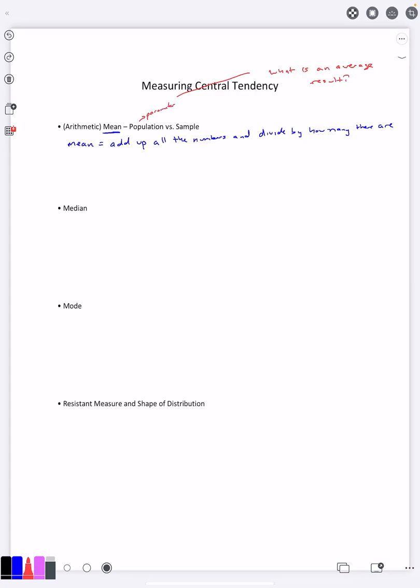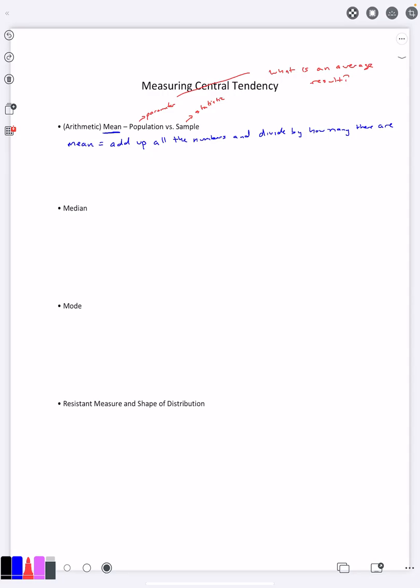On the other hand, when you do a numerical calculation for a sample, you are going to get what's called a statistic. And so technically there are going to be two formulas here. There's going to be the formula for the population mean, using the notation for that, and then there's going to be the formula for the sample mean, using the notation for that. Both of them are going to say add up all the numbers, divide by how many there are, but they are going to look different.